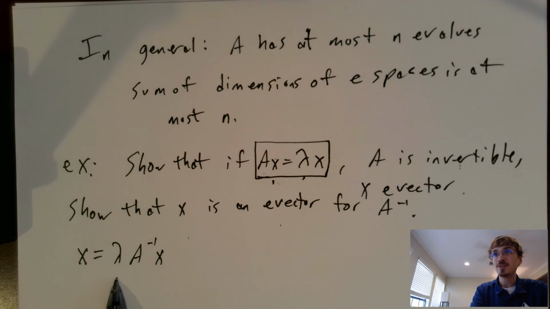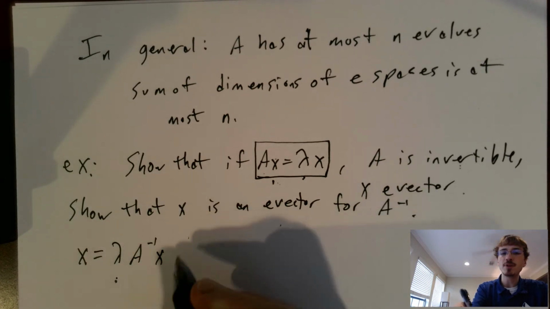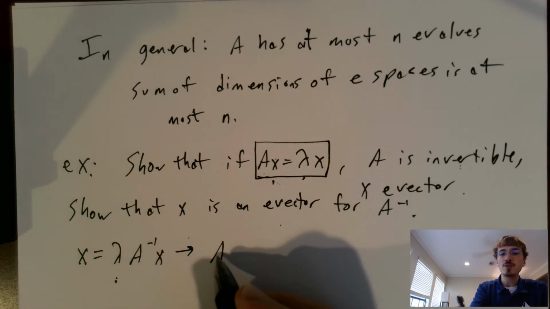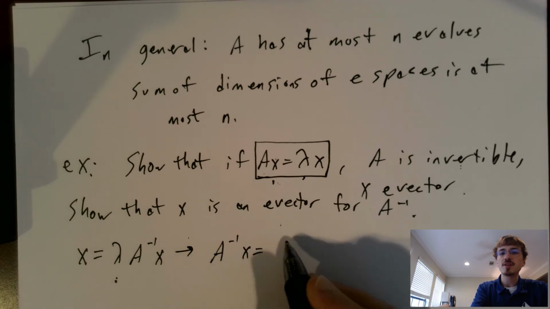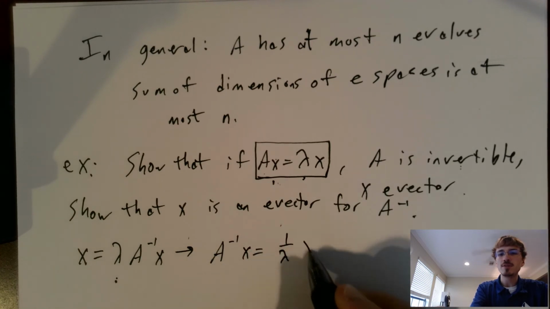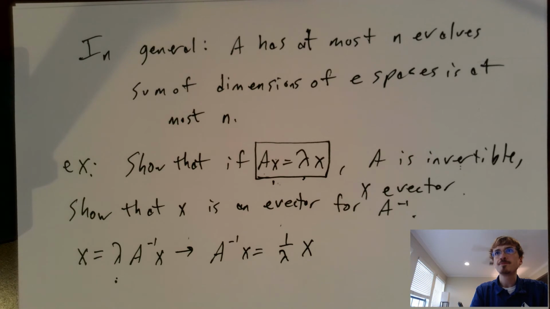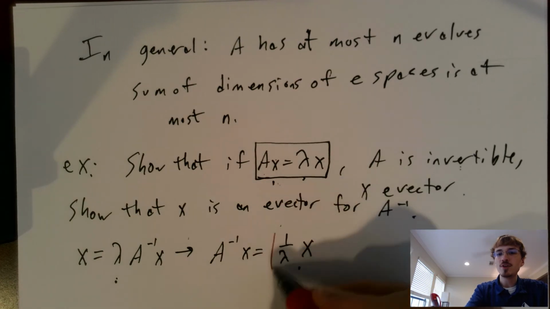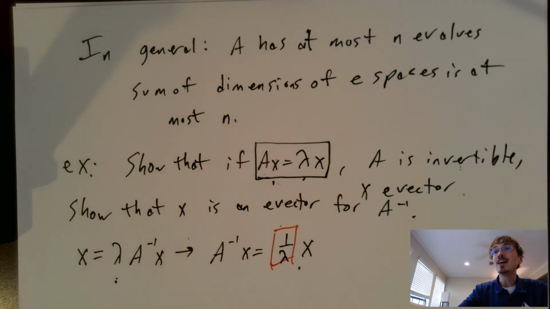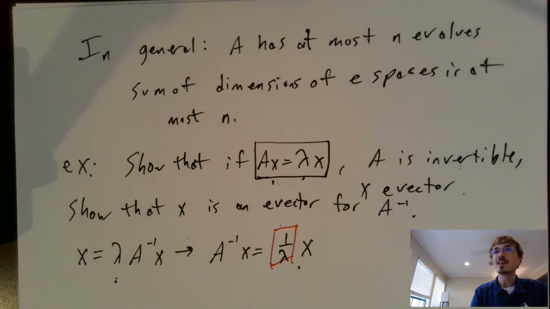Lambda cannot be 0. So we can divide both sides by lambda. So now we have the equation A inverse times x equals 1 over lambda times x. And we're done. So x has to be an eigenvector, and moreover, the corresponding eigenvalue must be 1 divided by lambda. And that's kind of nice.